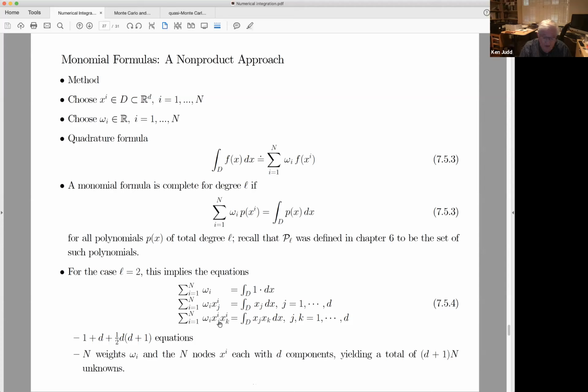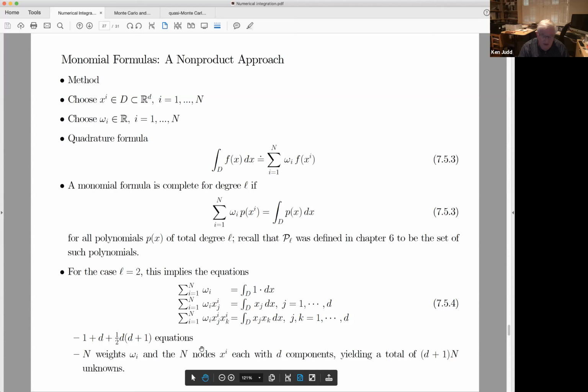Here you have a quadratic term between one dimension and another dimension, and again you'll be doing this summation.